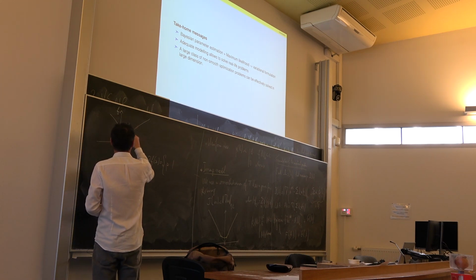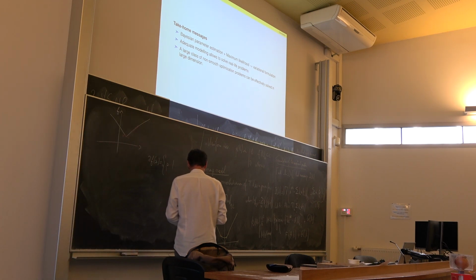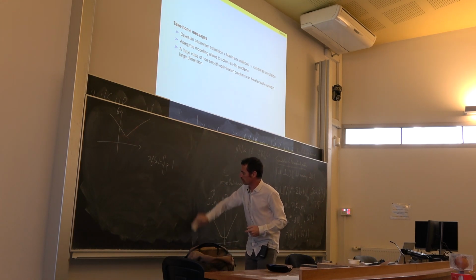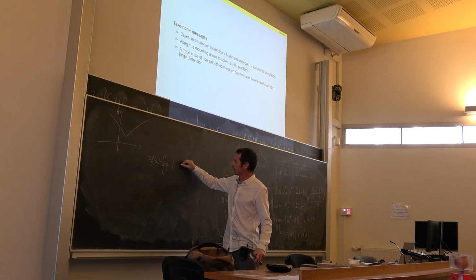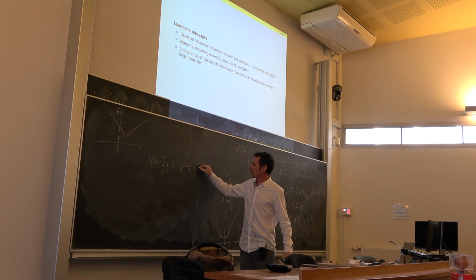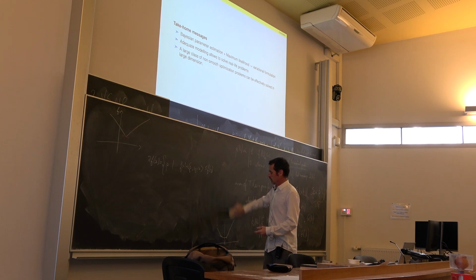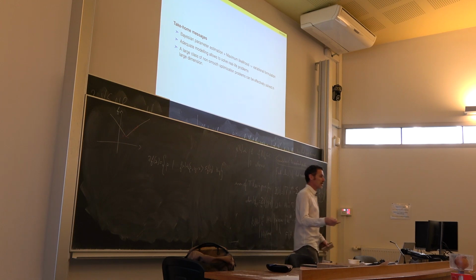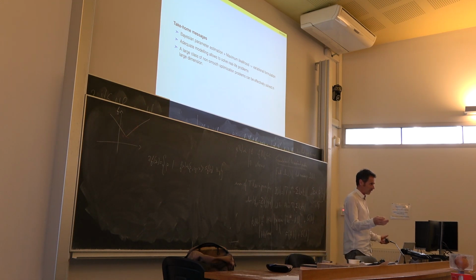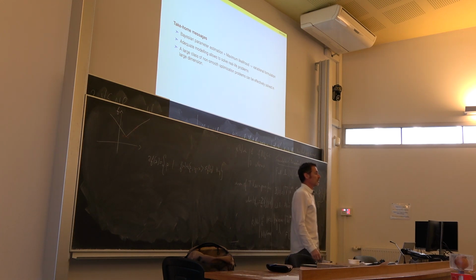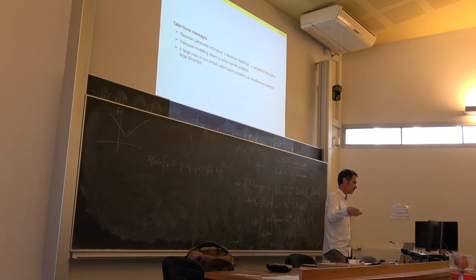So f of x plus your slope multiplied by y minus x is below f of y for all y. And this is some classical concept in convex optimization.